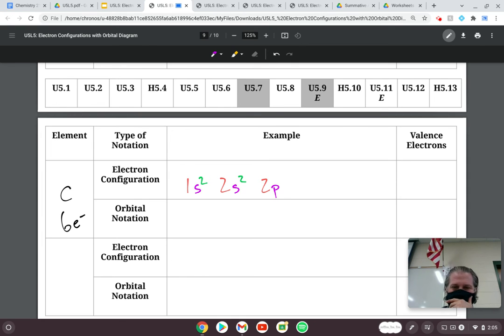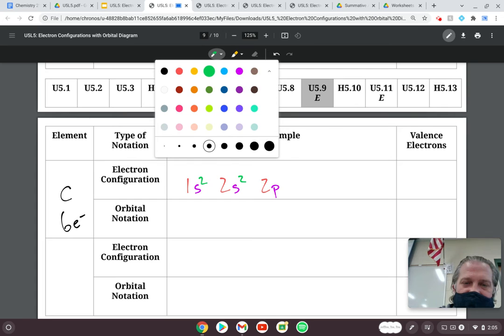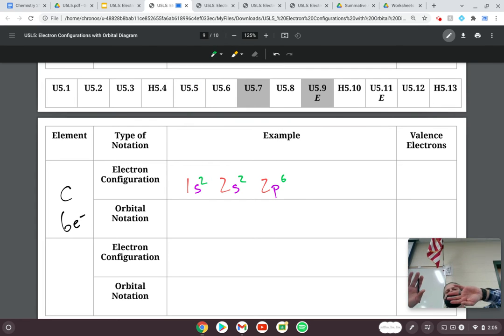Now, how many electrons can the p shape hold? 6. And some people want to just put 2p6. Don't write that because that's not right. It would be 2p2 because 1s2 plus 2s2 plus 2p2 is 6.